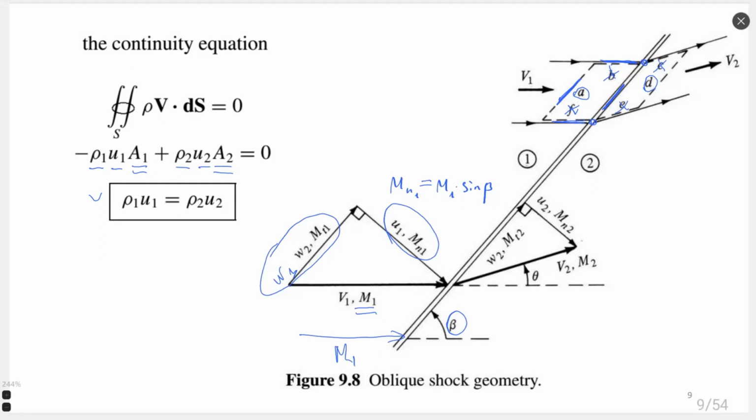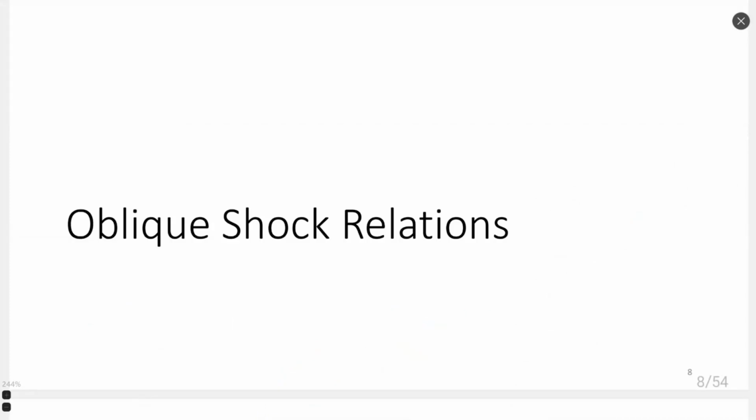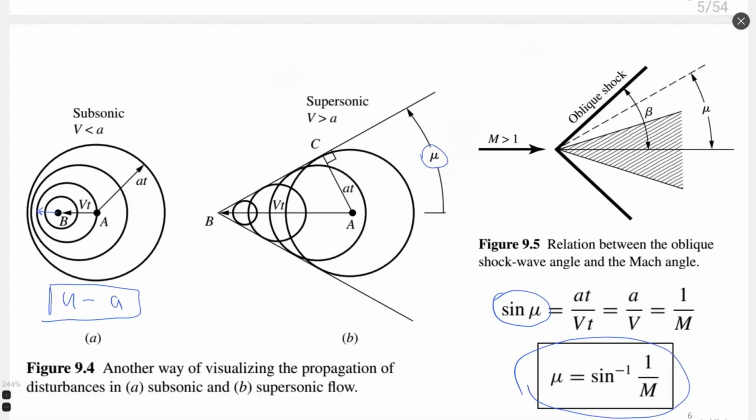We have a question: how is beta related to mu? It's not a simple relation. We will talk about it very soon today. Of course, beta has a relation to mu because it's a formation of the oblique shock wave through the limiting Mach number, the limiting Mach angle.